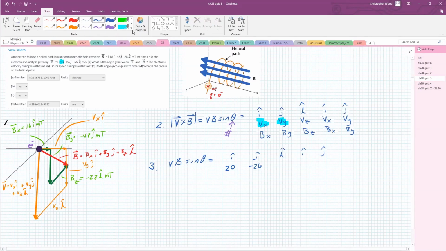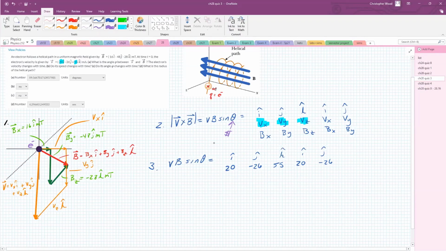Vz, which is next in line, is for me 55 meters per second. And then repeat. i is 20, j is negative 26. I'm just double checking: 20, negative 26, positive 55. And then again, 20, negative 26.